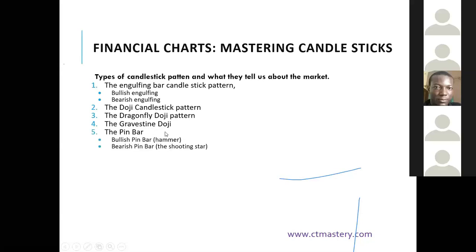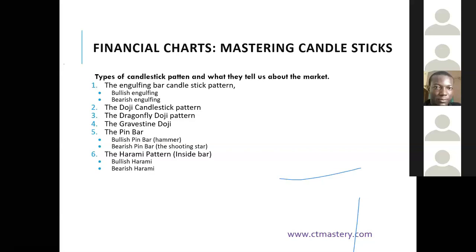Number 5 is the pin bar. The pin bar is just the candle I explained to you. As a matter of fact, I so much love that candlestick pattern when I see it. We have the bullish pin bar, which we call hammer, and the bearish pin bar, which we call the shooting star. Then we have the harami pattern, which we call inside bar.